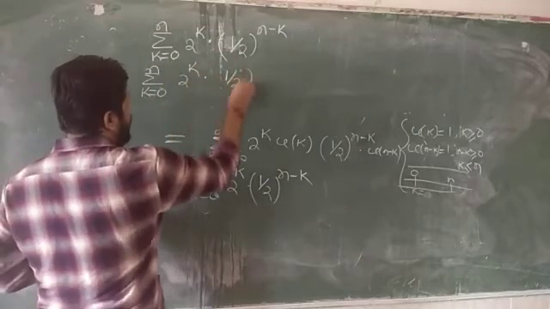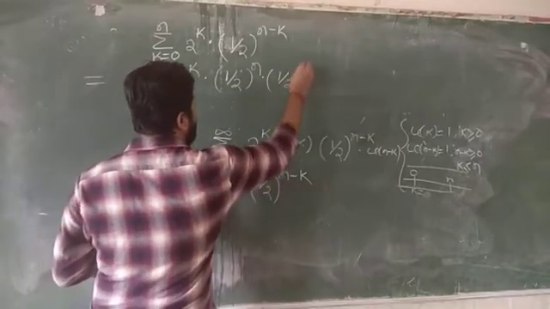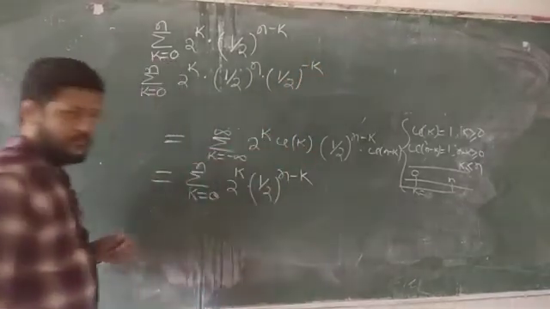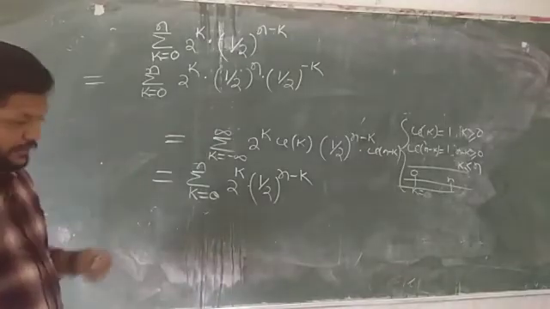This can be written as half to the power n into half to the power minus k, and half to the power minus k means 2 to the power k.